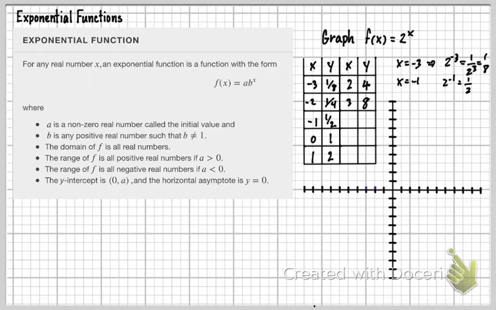Oh, I got the wrong function on there. All right, let me go back. Okay, now I got it. So at 0, it's 1. And then at 1, it's 2. Then at 2, it's 4. And at 3, it's 8.